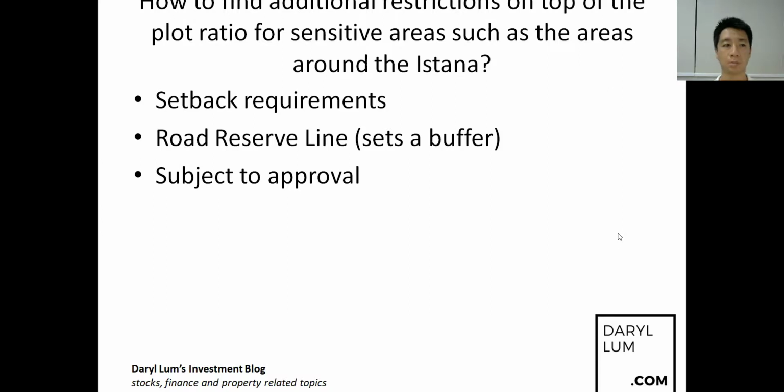Areas around Paya Lebar Air Base have a lower plot ratio. When Paya Lebar Air Base is cleared to be developed into a residential area, of course the plot ratios around the area will be revised, and then developers can build higher.